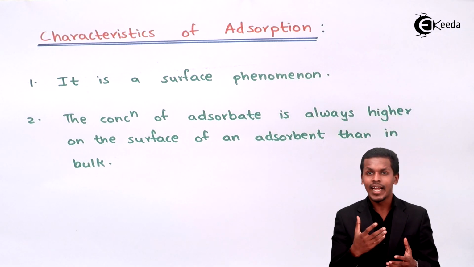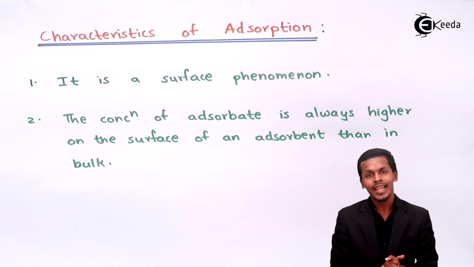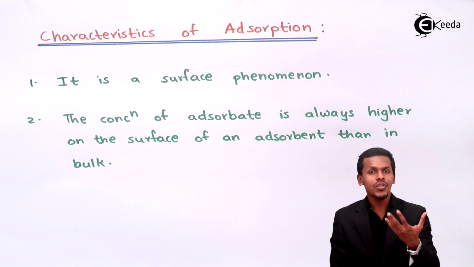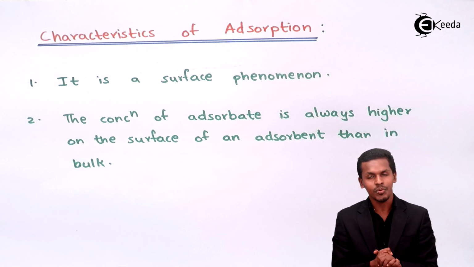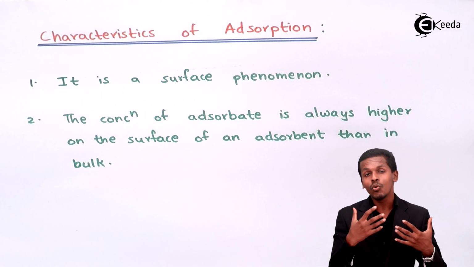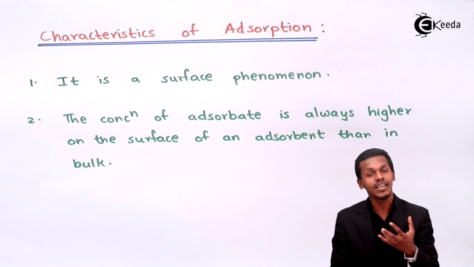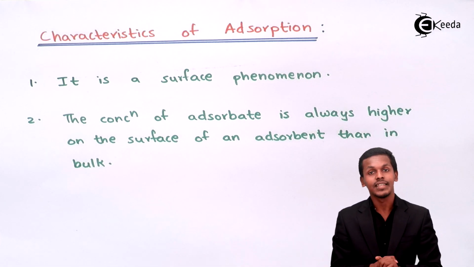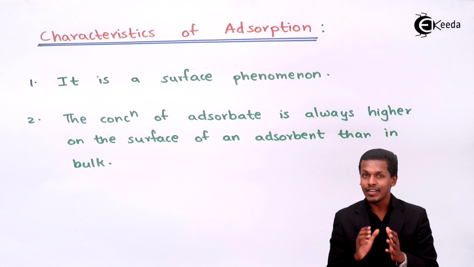So the adsorbates occupy space on the surface of the adsorbent, where we could see that most of the gases accumulating on the surface are present in excess quantity on the surface rather than in the bulk of the adsorbent. So that's the characteristic that we should know.